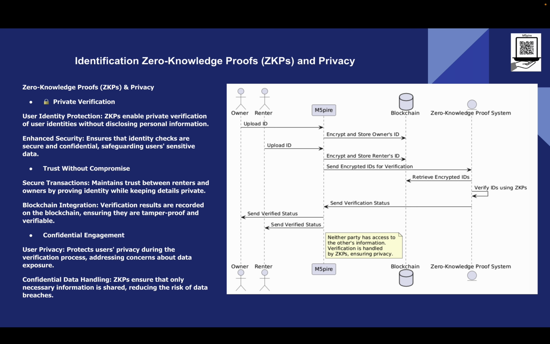In order to maintain privacy, we'll be using zero knowledge proof identification, where we'll only have minimum information, for example, to verify their age if they're eligible to rent that product.